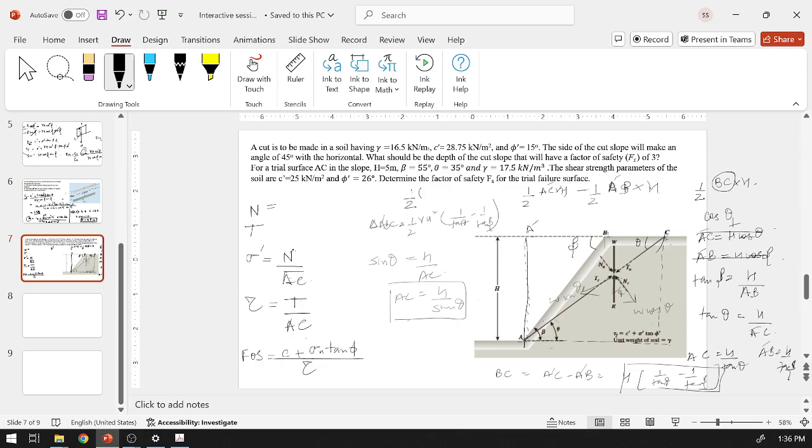So sigma dash will be W cos theta over h by sin theta, and we can replace W with half of gamma h square, 1 by tan theta minus 1 by tan beta, into cos theta sin theta over h.